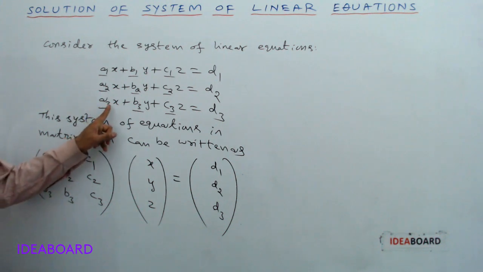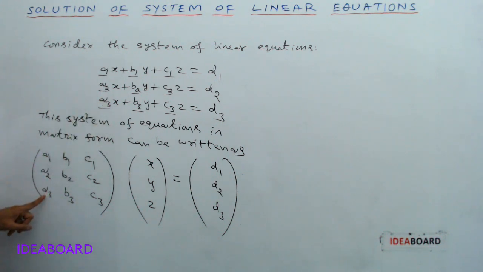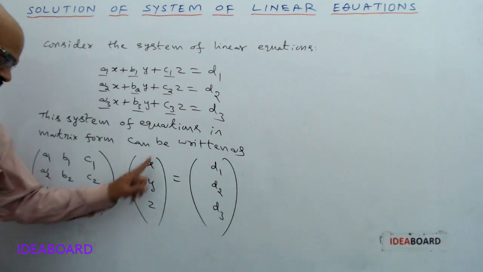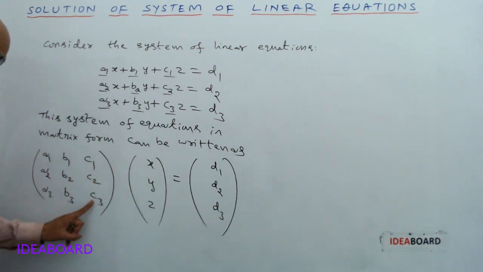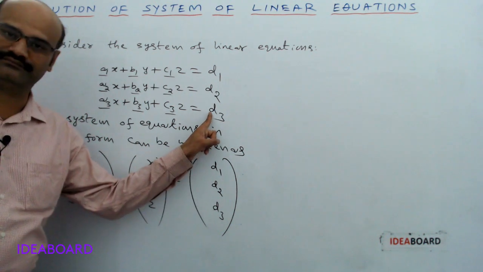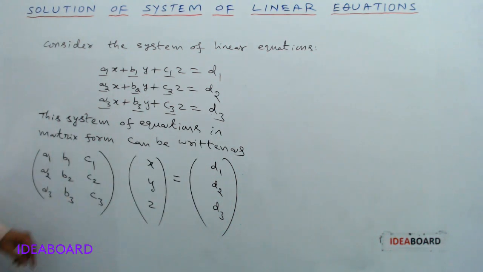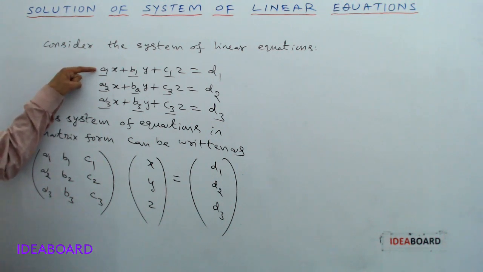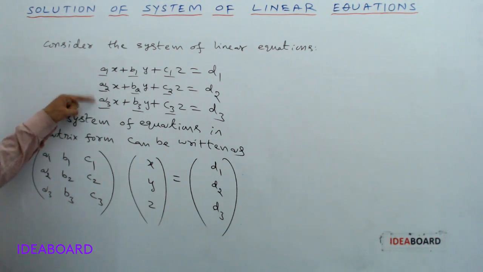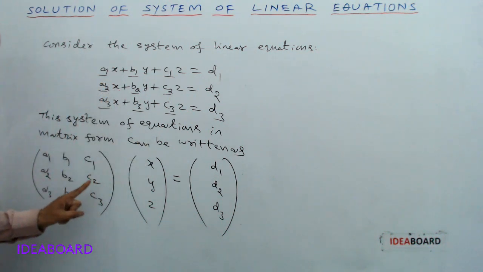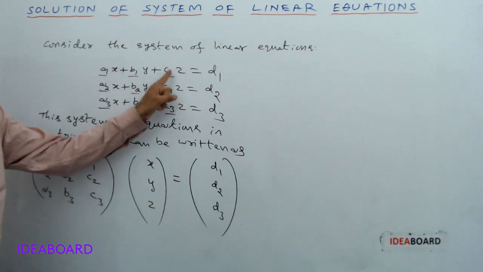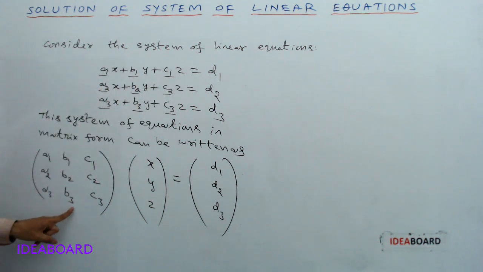Next one, third row into first column, a3x plus b3y plus c3z equal to d3. So, whenever we have the system of linear equations, we can write it in matrix form, first writing the coefficients of x, y, z. That is why this matrix is called the coefficient matrix.